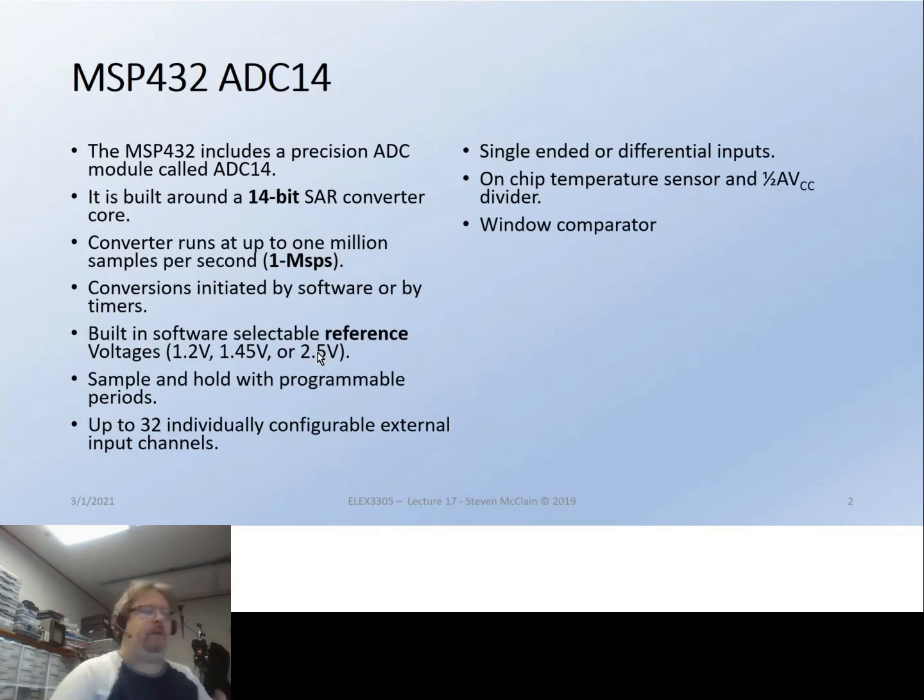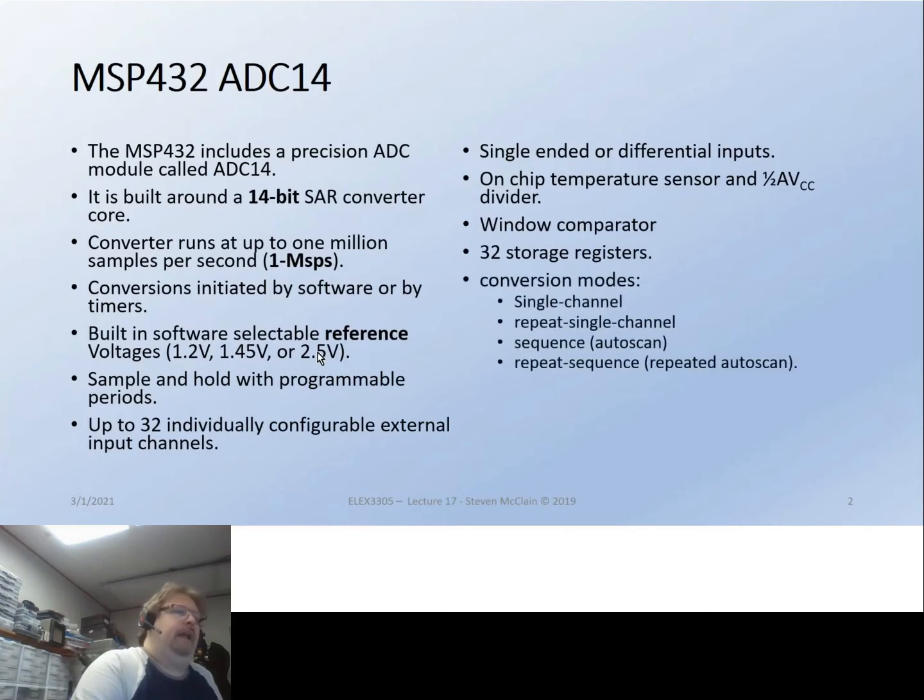It's got a window comparator, so you can set it up in hardware to watch a voltage, and if that voltage ever goes outside of a certain window, it'll generate an interrupt. It's got 32 storage registers and a whole bunch of different conversion modes where it'll do stuff automatically for you.